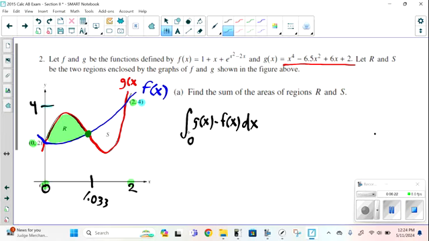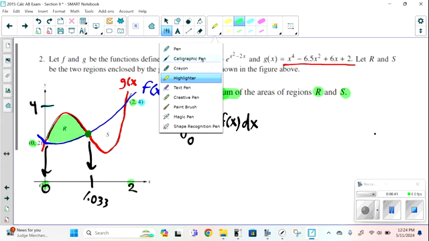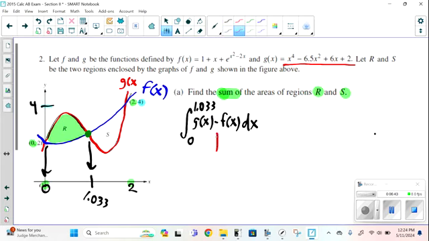We're starting at 0, and we're going to our intersection point of 1.033. Now, I've got to add that, because we're trying to find the sum of R and S. And right here, this is how I get the area of R. Okay, I've got to add that to the area of S.